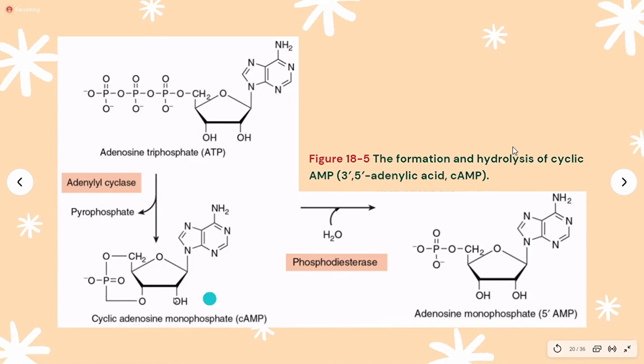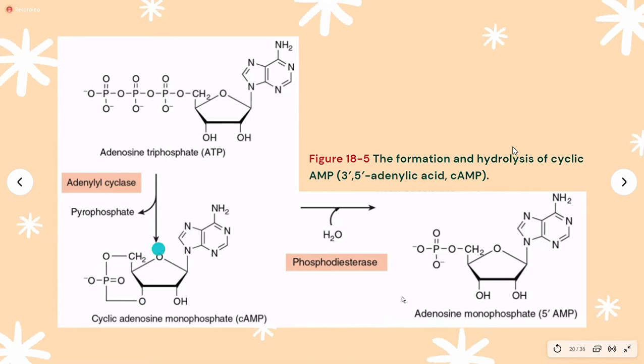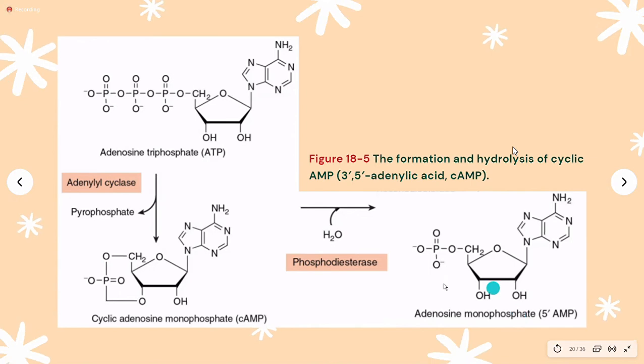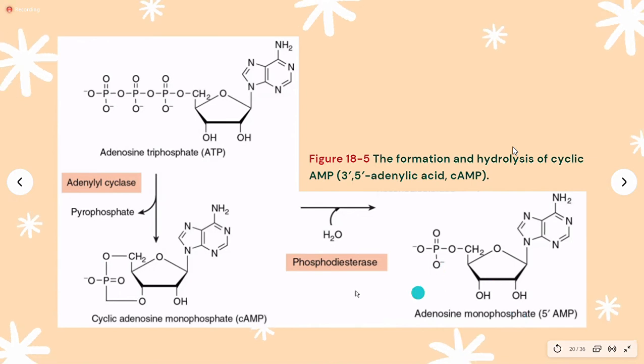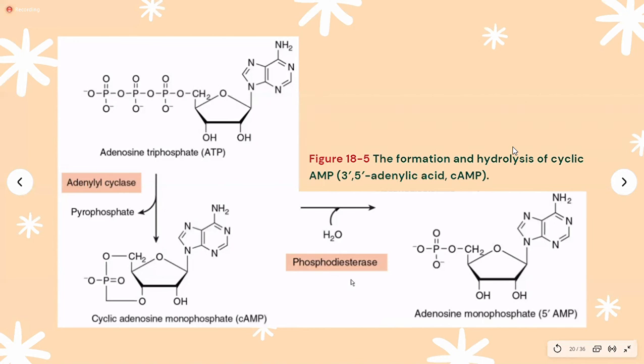It acts on your cyclic AMP, cuts this off so that there will be no more ring, and you just have AMP. Phosphodiesterase is also an isozyme.